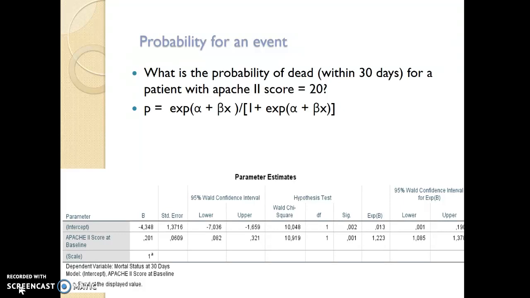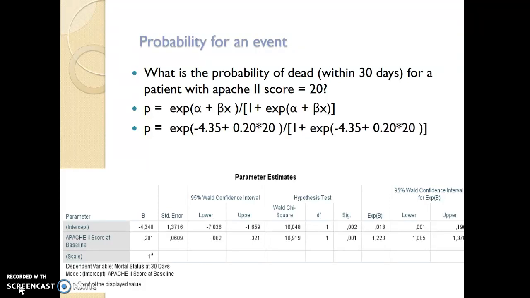And we can impute the alpha and beta values in this formula, and we get them from the table below. The alpha is minus 4.35 and the beta value is 0.20. And if we impute those values in the formula, we will have the probability 0.42.